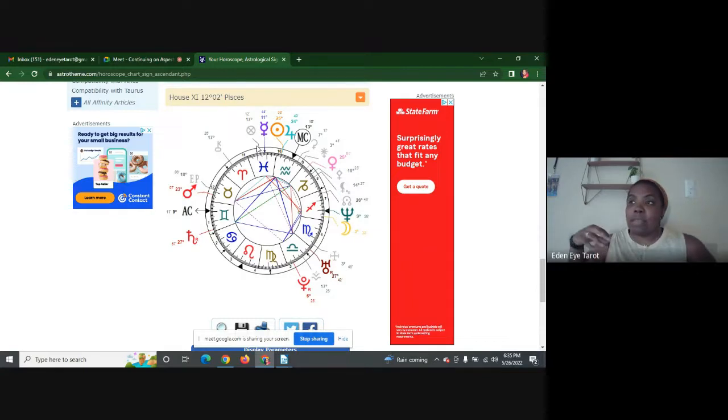Decans just give a deeper meaning, a deeper flavor to the actual placement. So if your Mars in Taurus would technically be in a Saturn-ruled decan, which I think emphasizes what I was saying even more.